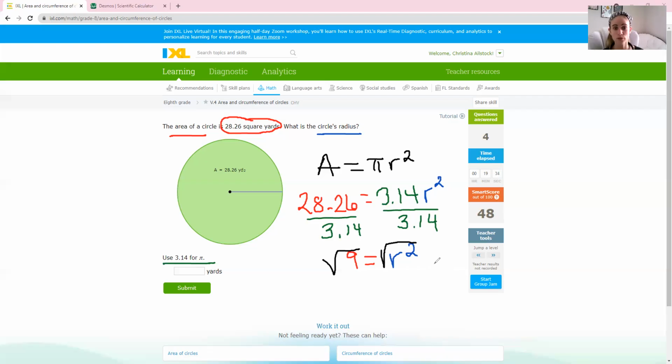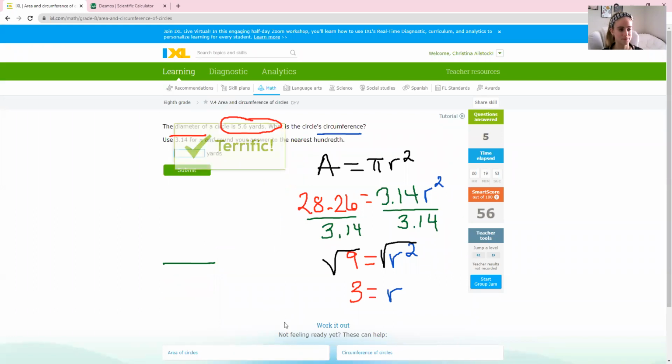So the square root of 9 is 3. That means our radius is 3 yards. Perfect.